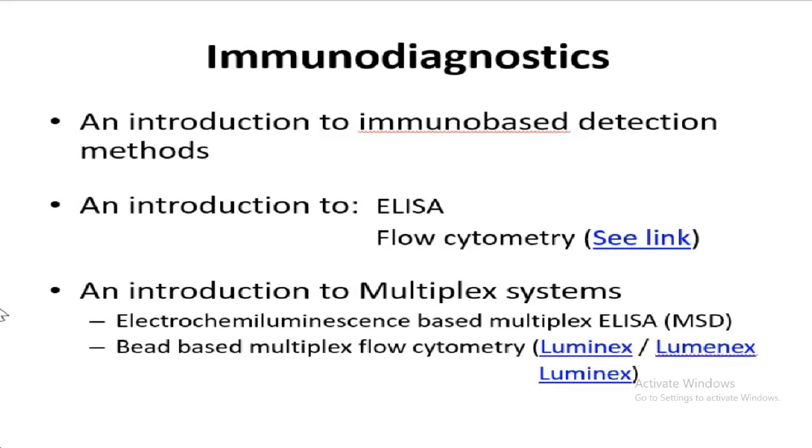Whilst we'll give the basics of the ELISA, we'll then go on to talk about a specific type of ELISA, electrochemiluminescent-based multiplex ELISAs that are produced by MSD, which is an American-based company. But then we'll go on to talk about bead-based multiplex flow cytometry, which is a fluidic-based immuno-based bioassay system, and we'll talk a little bit more about this.